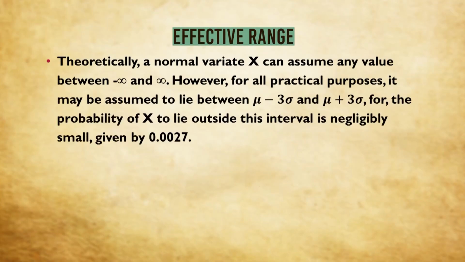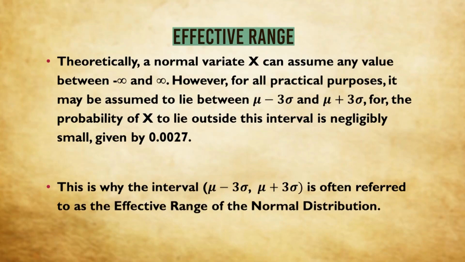Effective range. We have seen from the PDF that a normal distribution varies between minus infinity and infinity. But for all practical purposes, it may be assumed that the random variable lies between mu minus 3 sigma to mu plus 3 sigma. Why? Because the probability that x will lie between mu minus 3 sigma and mu plus 3 sigma is very high.